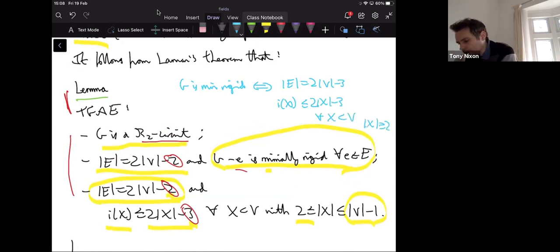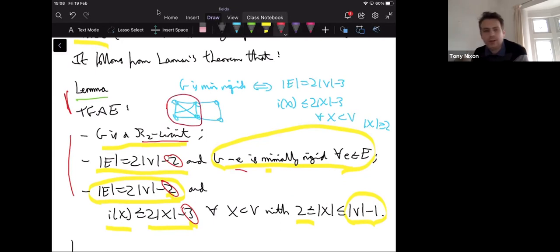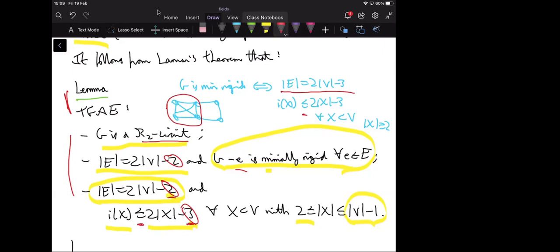So the motivating example was something like this, where you really don't want it to be bigger than 2x minus 3 for subsets, because then you can have something like a K4 here, which has wasted edges, even though it satisfies the count. So it's definitely a less than or equal to, and it's the same less than or equal to here, the only real difference is the change from the 3 to the 2 for the full graph. Okay, great, thanks.